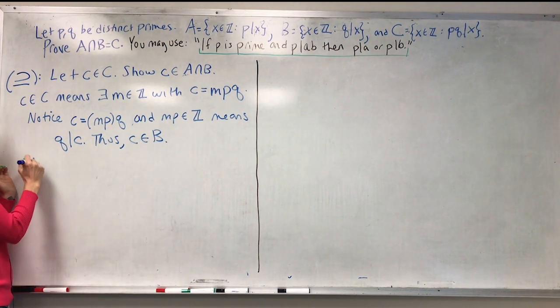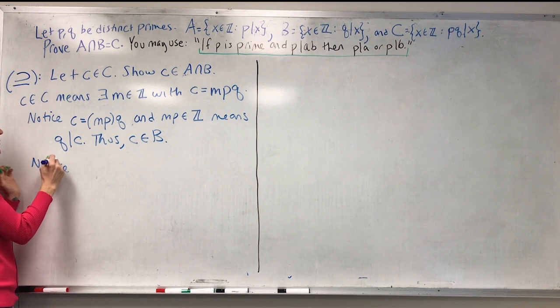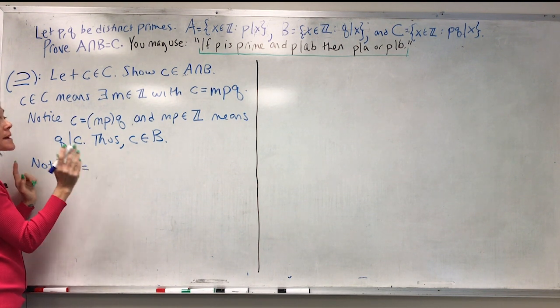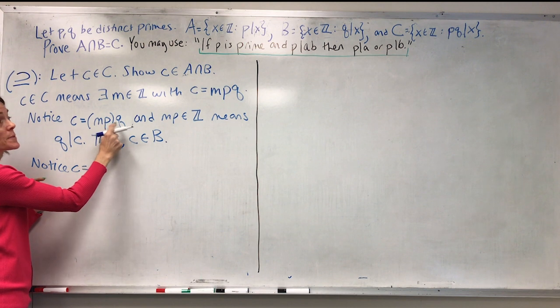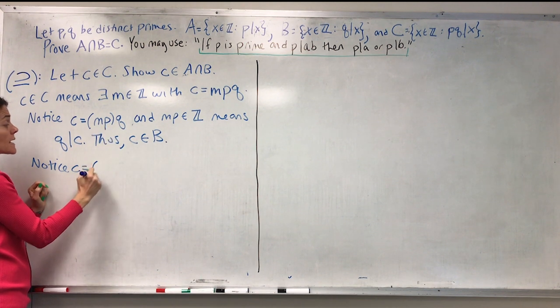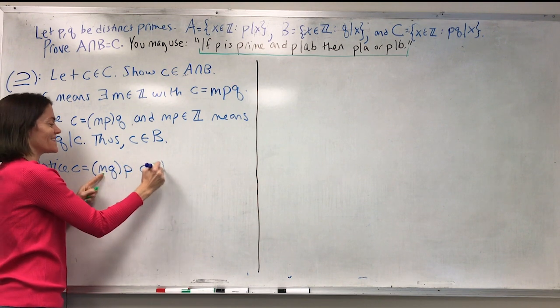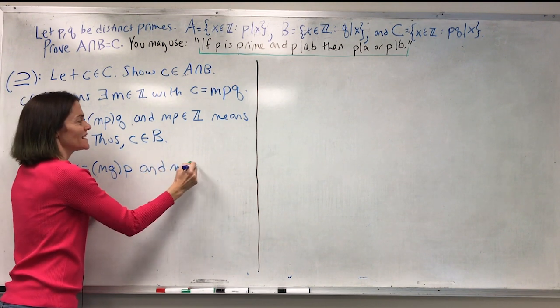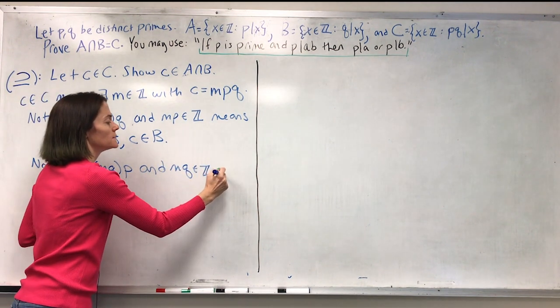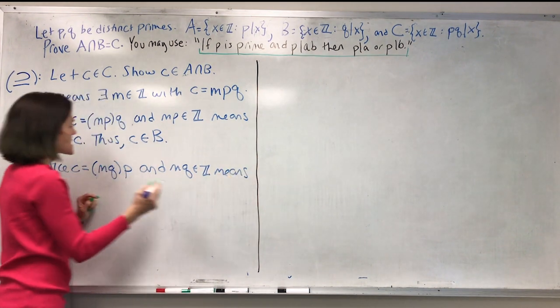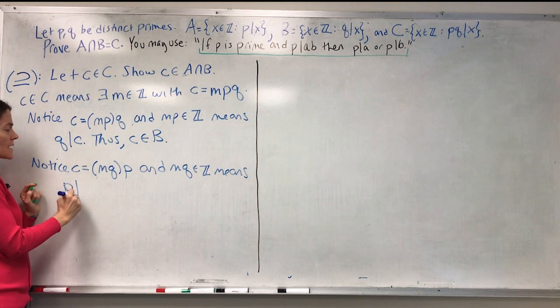And then again, I will start exactly the same way, that c equals, but I'm going to write it differently. Instead of mpq, let's write this as mqp, and this is in Z. Both of these mean p divides c.